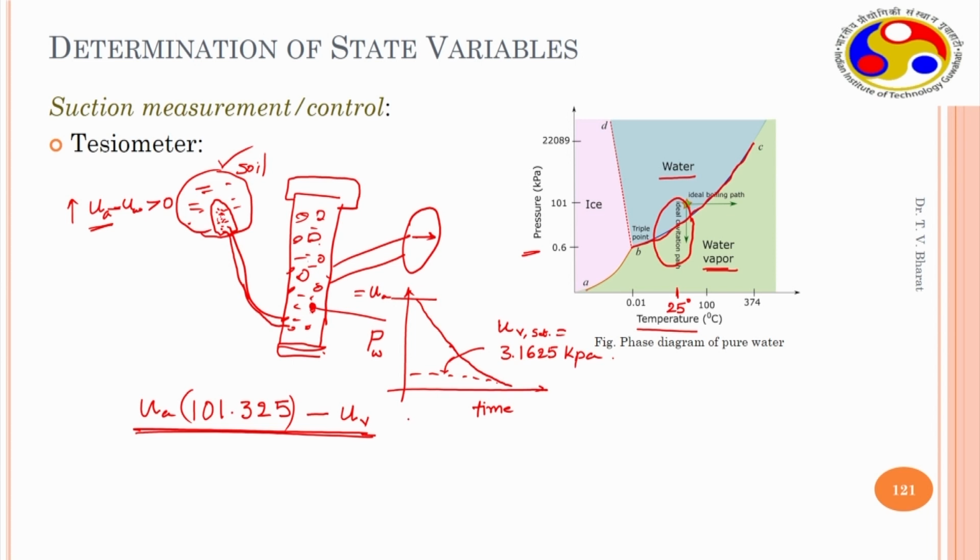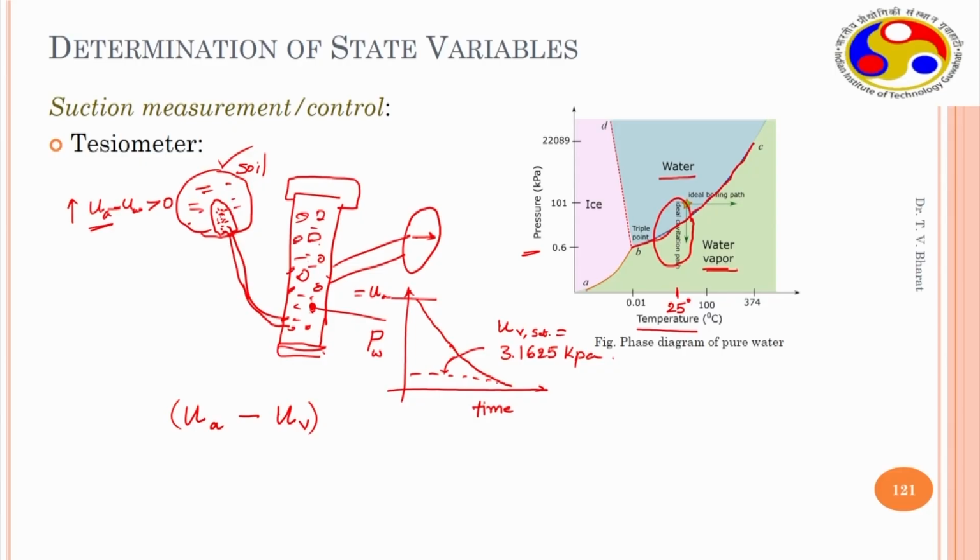For example, the atmospheric pressure is ua and the vapor pressure is uv. The difference between these two quantities dictates the measurable range of suction of your tensiometer.